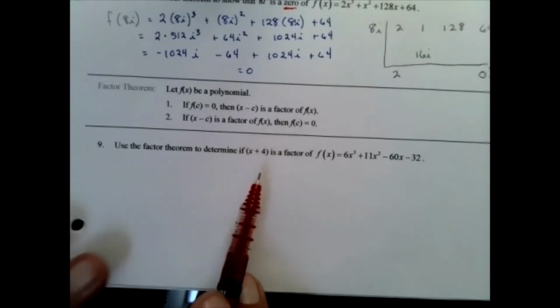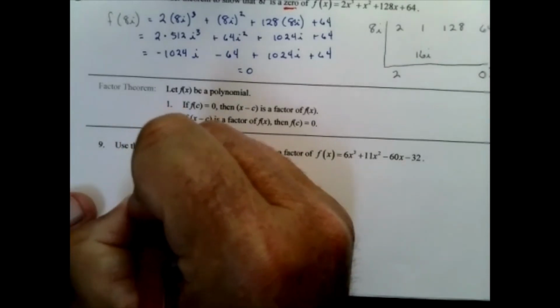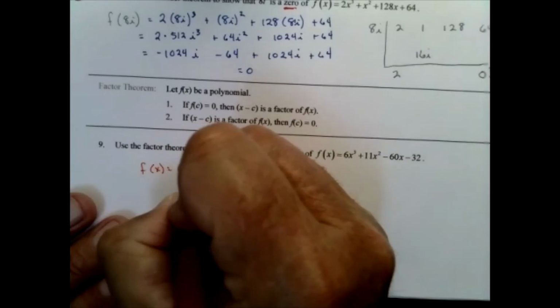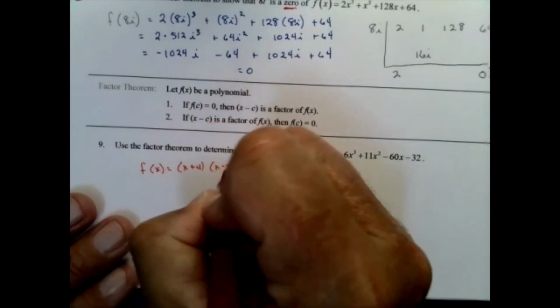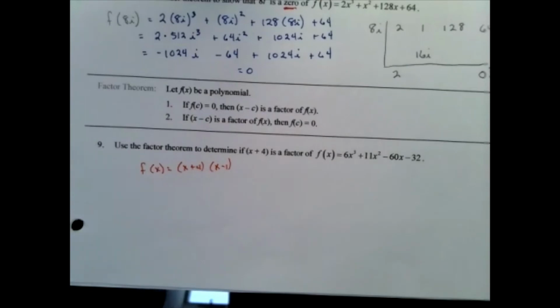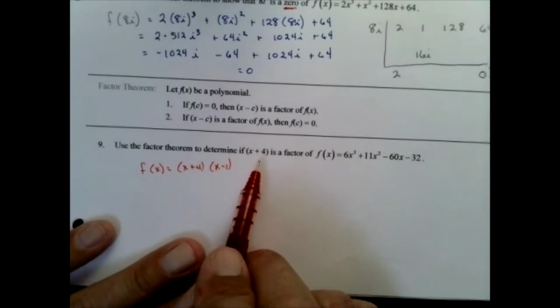And if this is a factor, for example, if I said f of x equals x plus 4, x minus 1, that means it was a factor. It divided evenly. So I'm going to go back to give me a c.